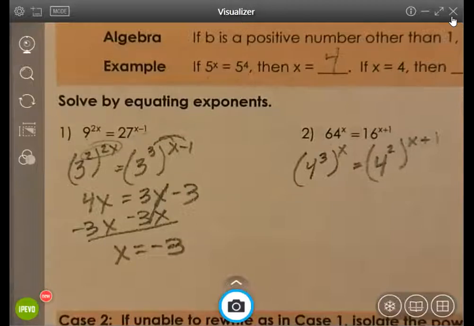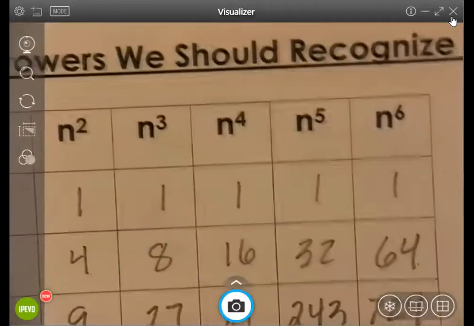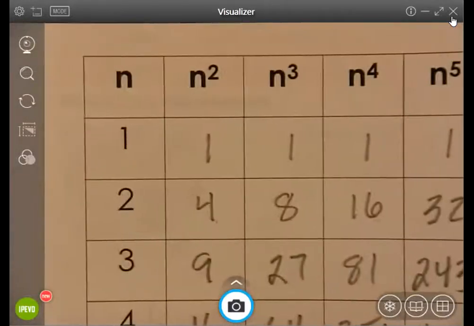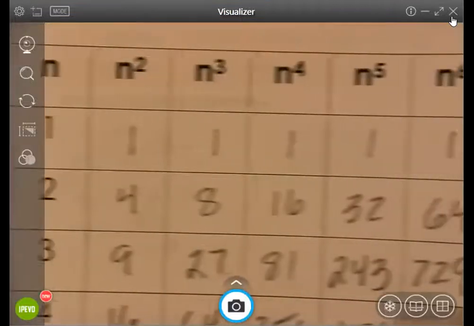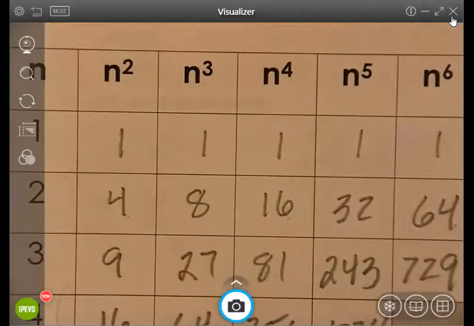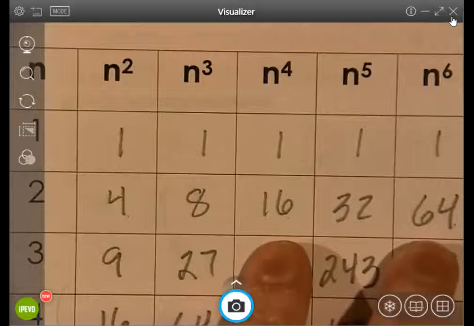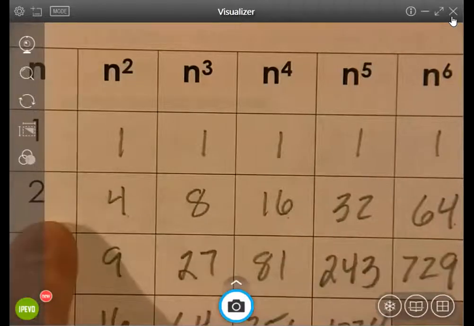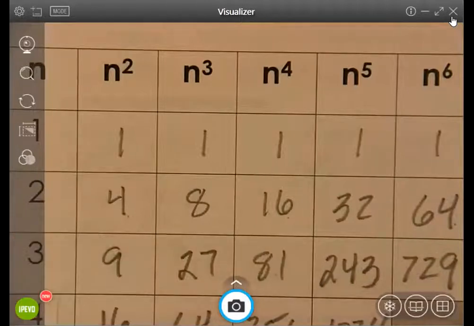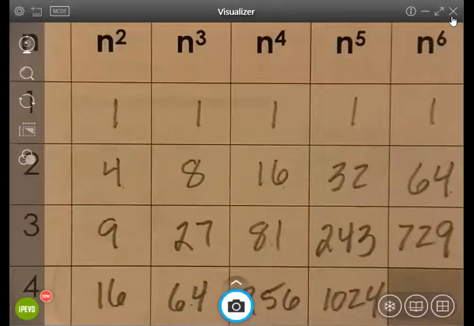Now, some people might notice that 64 and 16 are also powers of 2. So you could use that. You could have a base of 2, but you can also have a base of 4.